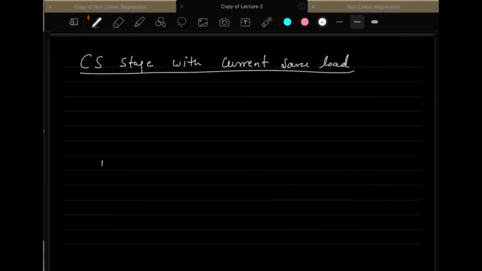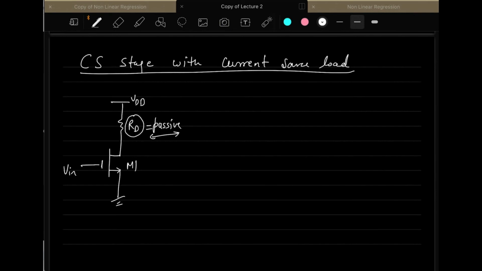If you have a configuration which looks like this, here you have M1, then you have V in here. So you already know this configuration, which is very simple. That is this. So what people have done is, instead of using this resistance RD, this RD is basically a passive resistor.